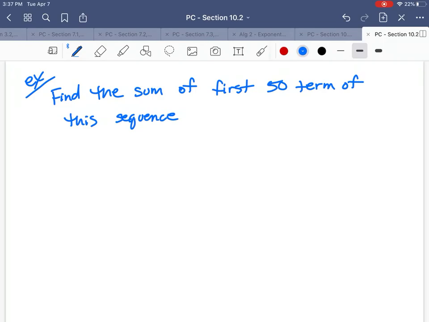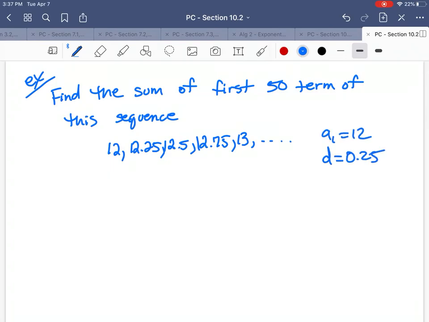So the sequence goes like this: 12, 12.25, 12.5, then 12.75, then 13, and so on. You can see that I'm adding 0.25, right? So my common difference is 0.25 and my first term is 12.